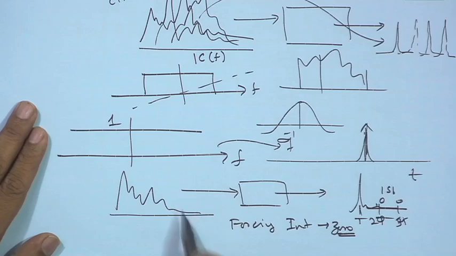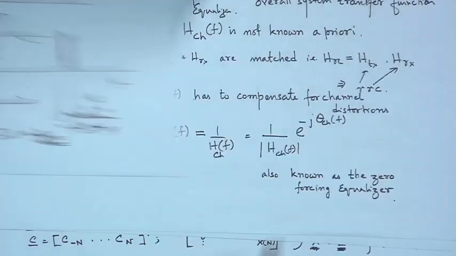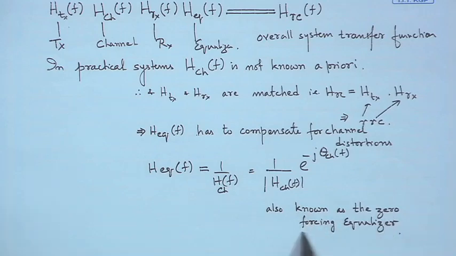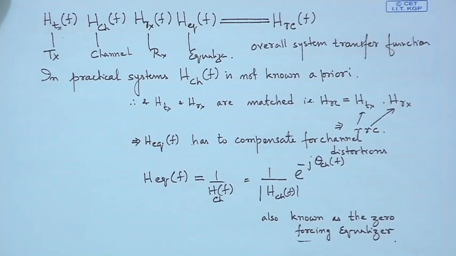These kinds of filters, as described by the expression here, are also known as zero forcing equalizers, because they force the composite impulse response after passing through the equalizer filter to be an impulse. An impulse means it is unity at the first sampling instant and it is 0 at all other sampling instants.